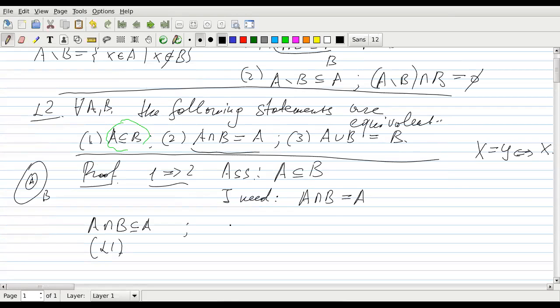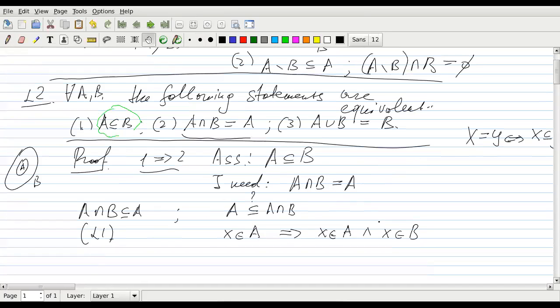And why is A a subset of the intersection? Let's use the definition. We want to prove that every element of A is an element of the intersection. If x is an element of A, then it is an element of A, clearly, and also it is an element of B. Why?